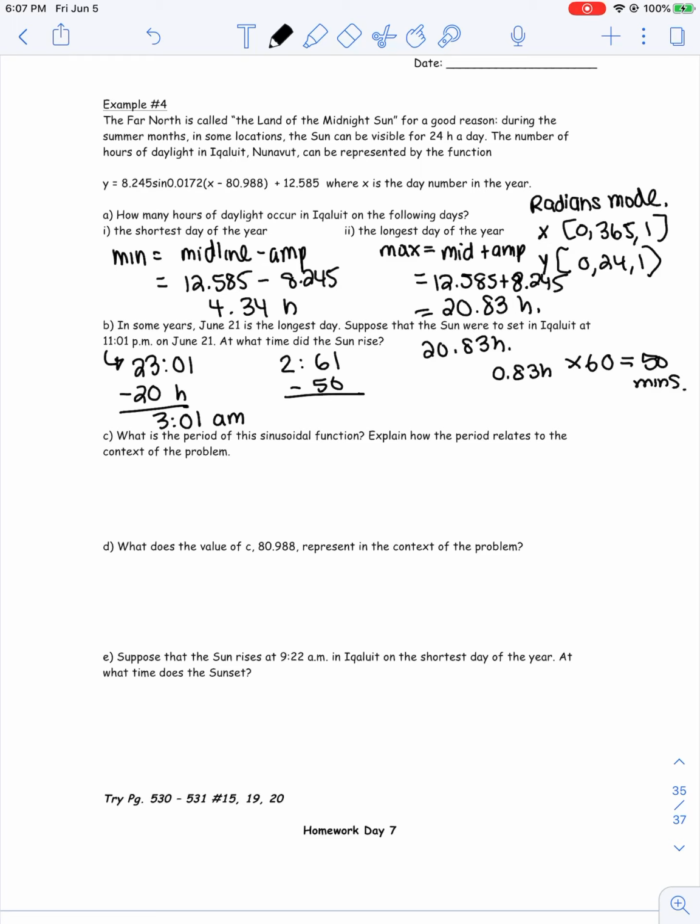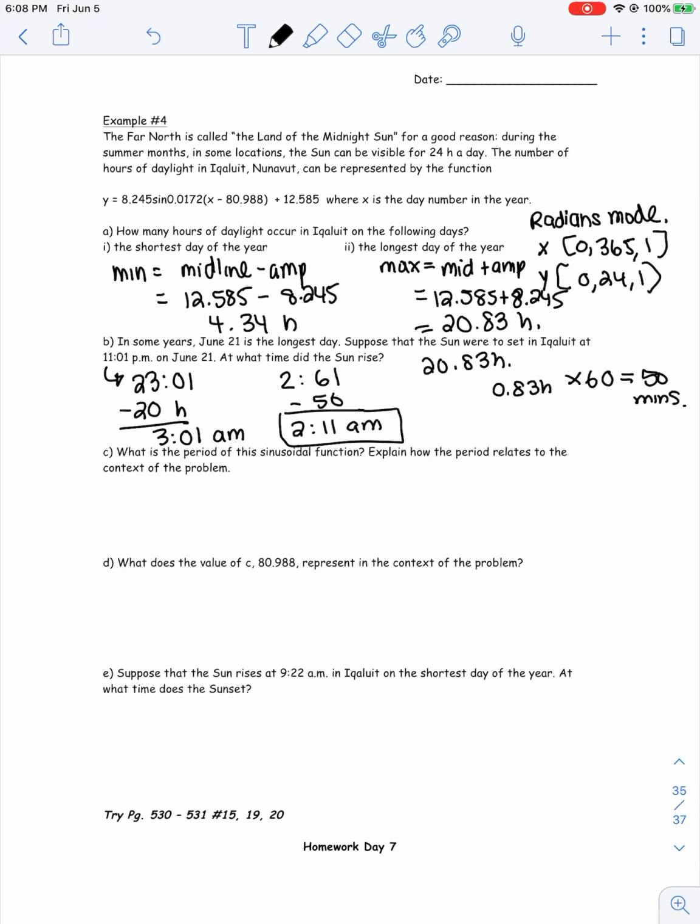It makes it easier to do a subtraction here if we convert that 3 o'clock hour into minutes, so that's why I changed it to 60. Now if you subtract them, you'll get 2:11 a.m. So that's the time that the sun actually rose.